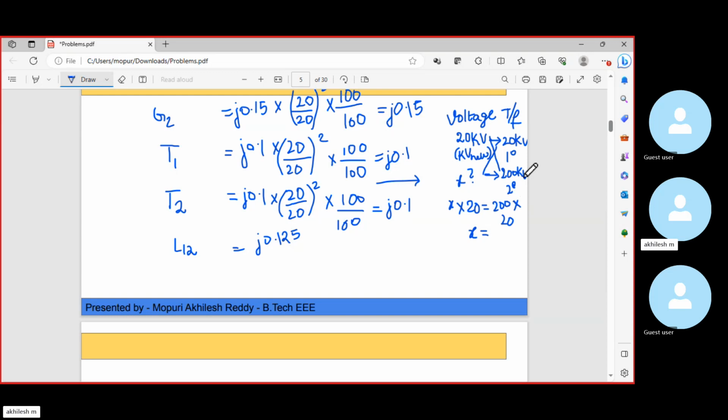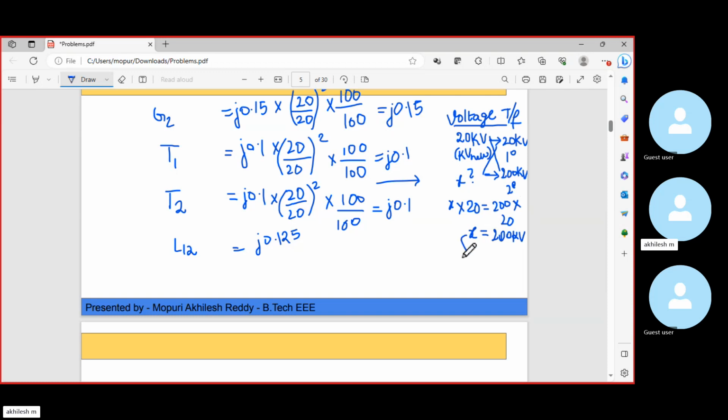But if the primary rating of the transformer and the kV new before the primary are different, then you will get a different answer.